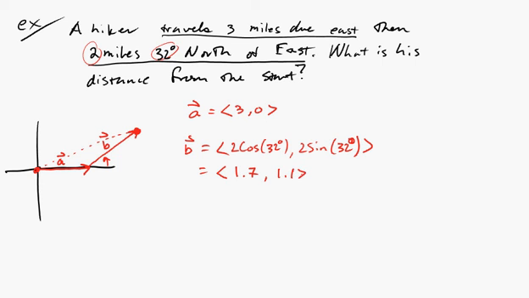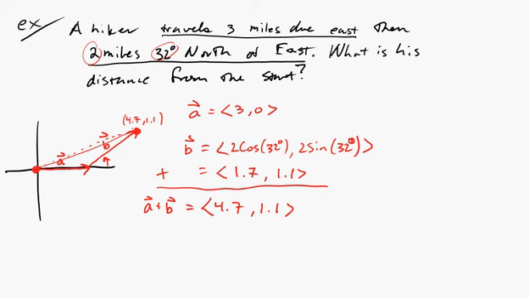So what this means is we first travel 3 east, don't go north at all, and then we travel 1.7 east, but also 1.1 north. Now, if we add those vectors up, what we get is 4.7, 1.1. And that is actually this endpoint right here. So that is 4.7, 1.1. Now to figure out the distance from the start all the way there, that is a magnitude.